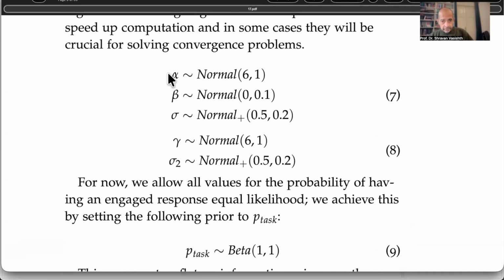Notice that the priors for gamma and for alpha, these are the average reading times in the task-engaged case and in the guessing case, have the same priors, but they're just using some reasonably mildly informative priors to set up the problem.